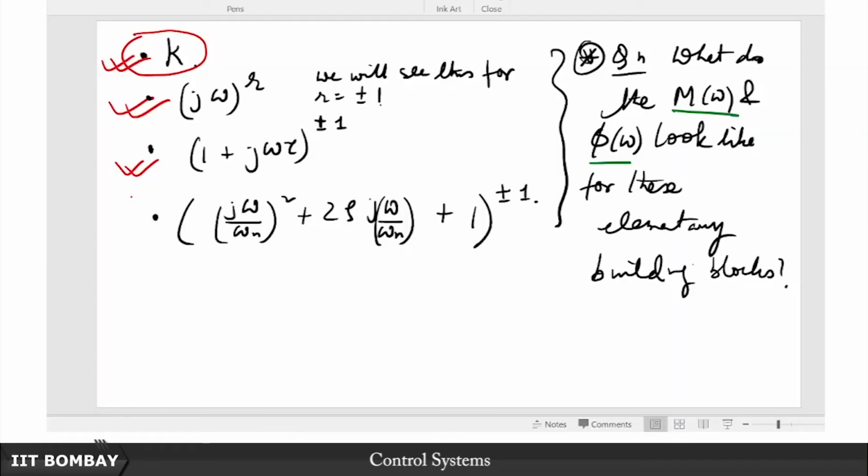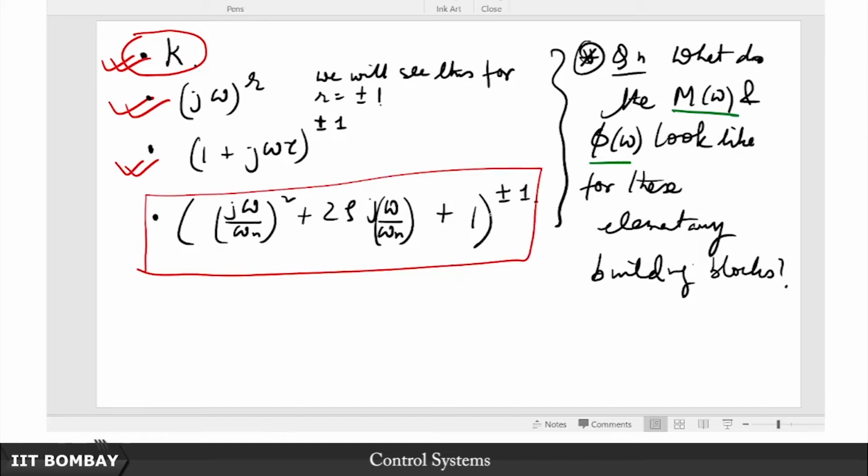Here is what we have already seen. Today we are going to start off by looking at this particular block, which is basically a pair of complex conjugate poles or zeros. If it's a plus 1 here, it's a zero. If it's a minus 1 here, it's a pole. This is what is going to be the focus of our attention in this lecture.